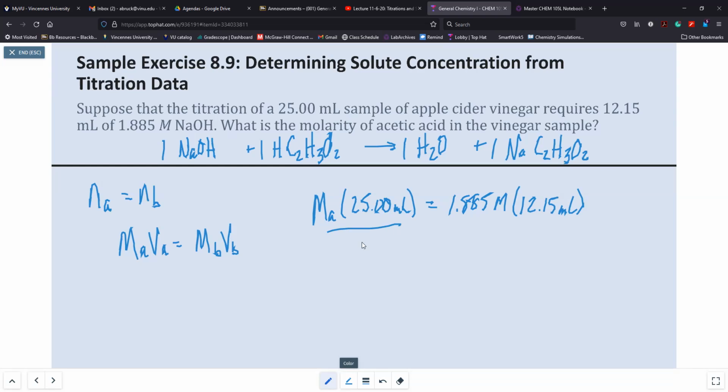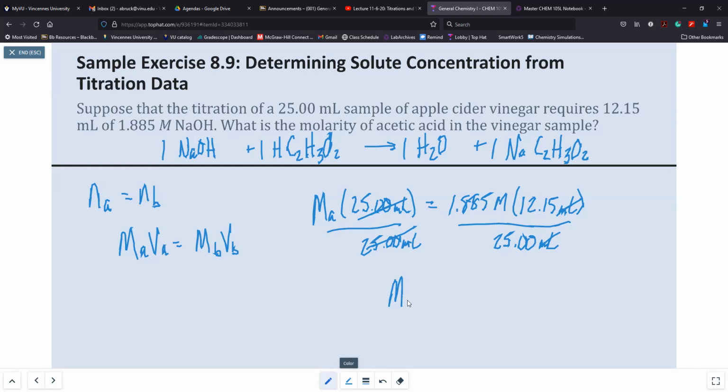And dividing each side by the 25.00 milliliters, we cancel out just the milliliters on the base side. 1.885 multiplied by 12.15 divided by 25.